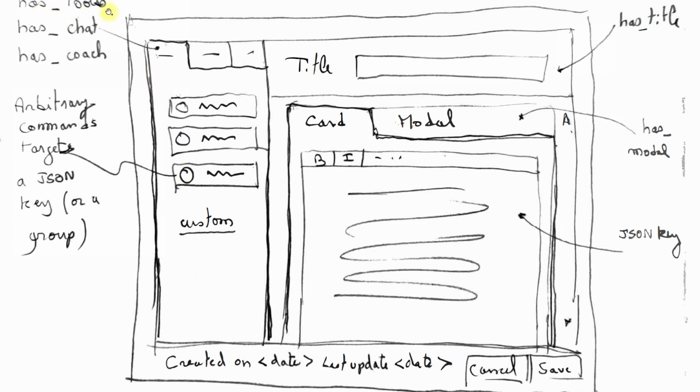All right, so within has tools, we'll need to declare a list of the commands. In the case of the cover letter, we can think of two or maybe four commands just to start with and to experiment with.